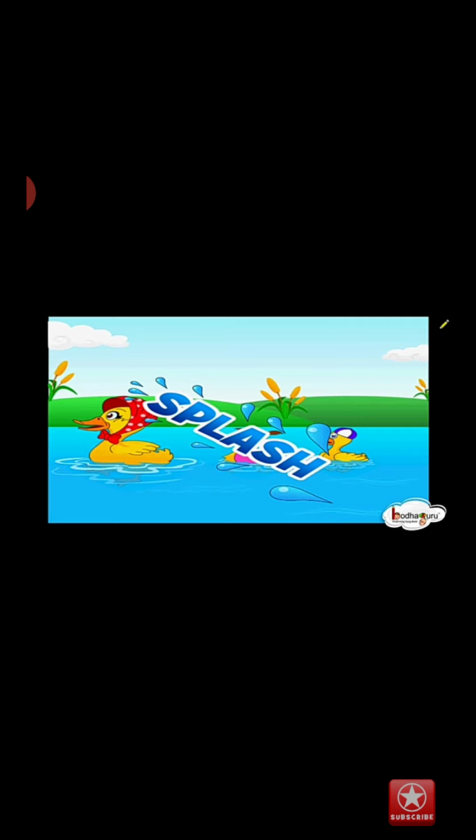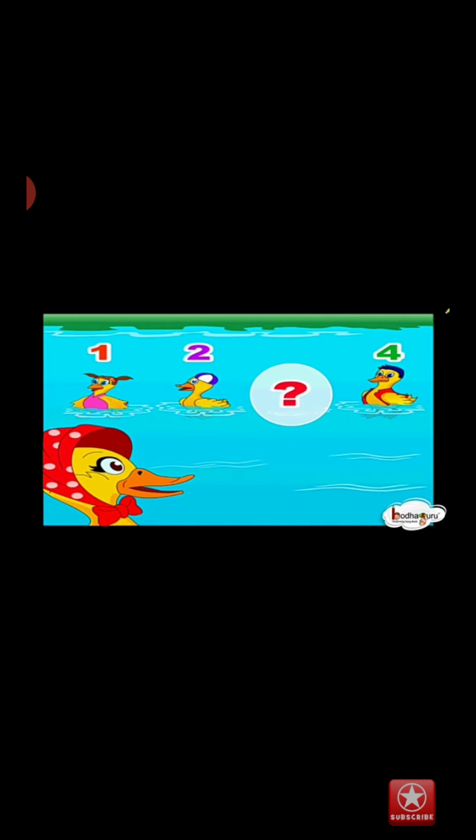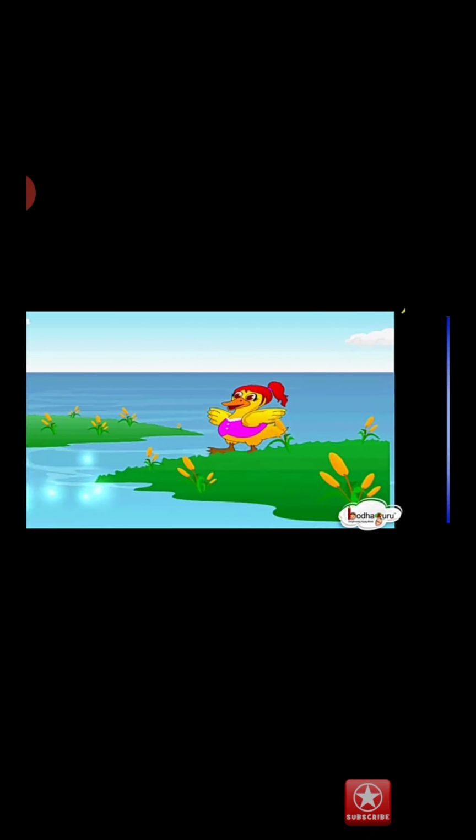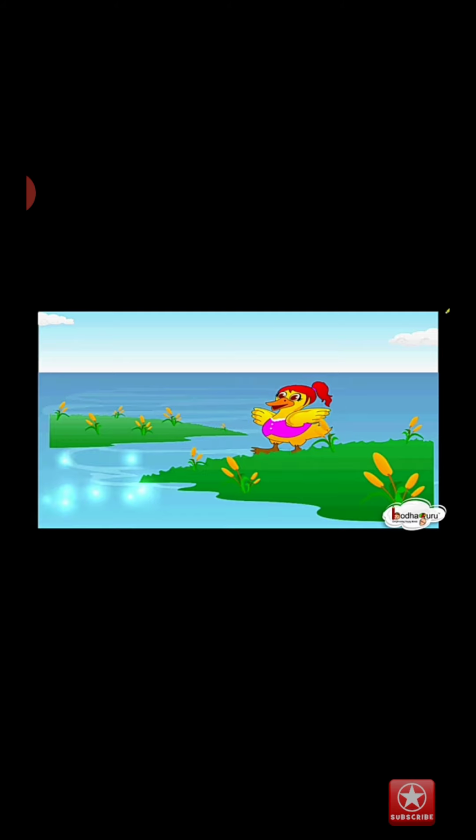She immediately turned back, and she was scared when she found that one of the ducklings, number 3, is missing. After searching for some time, she found the missing duck 3.